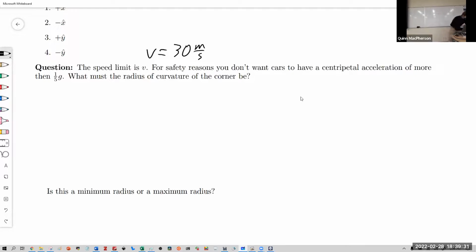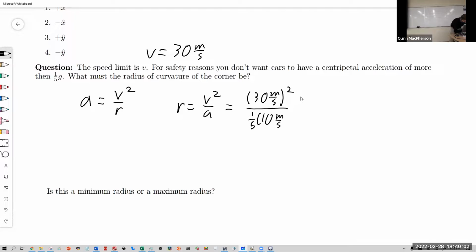Okay, so acceleration is equal to, what's the centripetal acceleration? That's V squared over R. So R is equal to V squared over A. V squared would be 30 meters per second squared, over A, which is 1/5 of a G, approximately 10 meters per second squared.